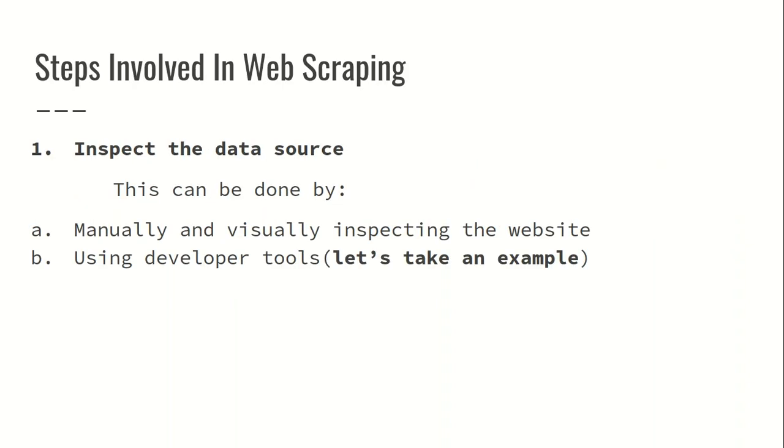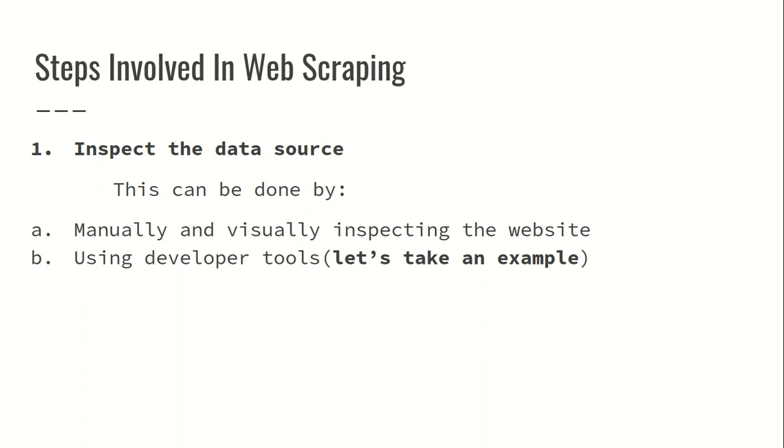So let's go ahead and look at the steps involved in web scraping. One of the steps involved in web scraping is first inspecting the data source. If you want to scrape any website in the world, one of the first things you need to do is to go and inspect that website. Check which HTML tags are there, what scripts you need to use, and how you need to write your script to tackle the structure of the website, right?